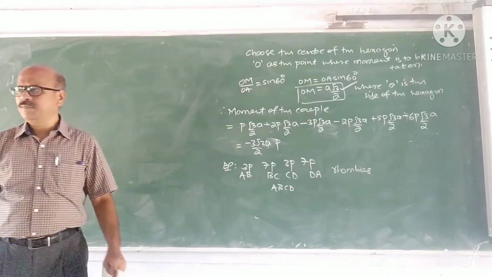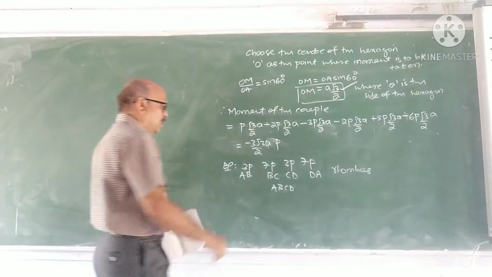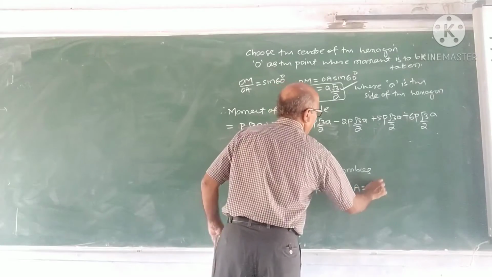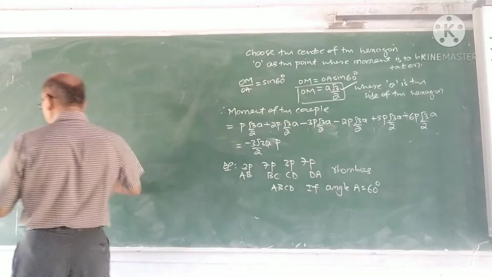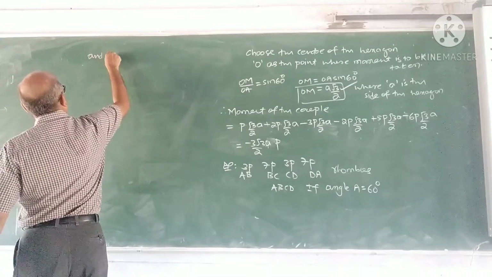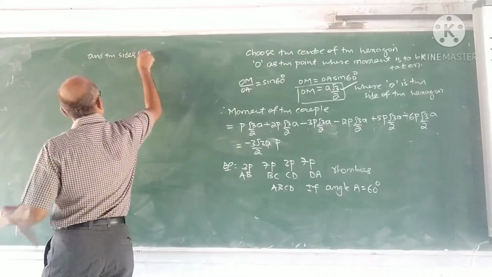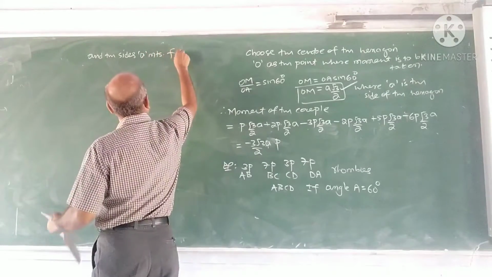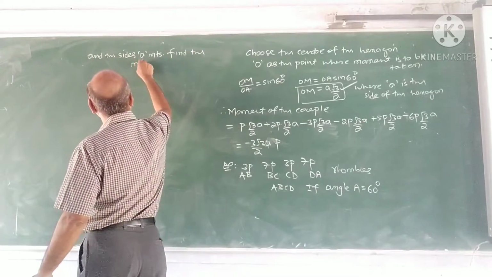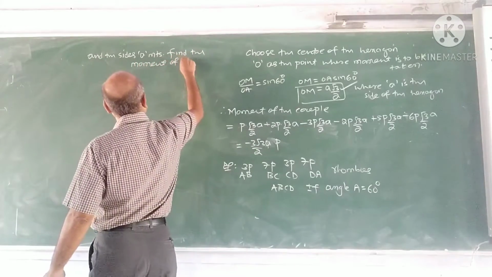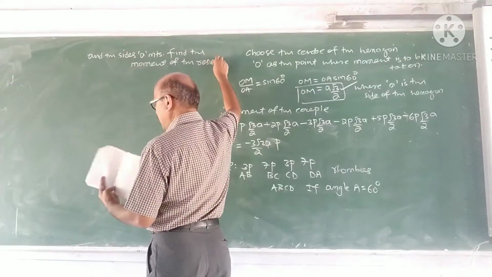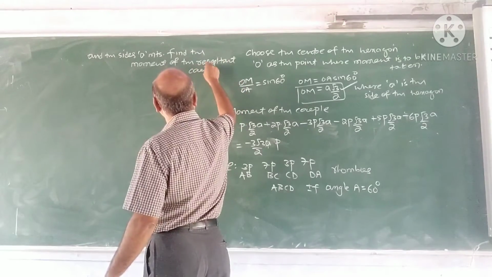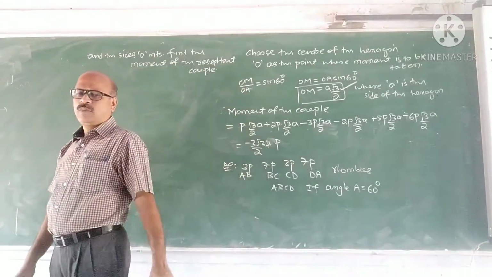If angle A is 60 degree and the side is a meters, find the moment of the resultant couple.